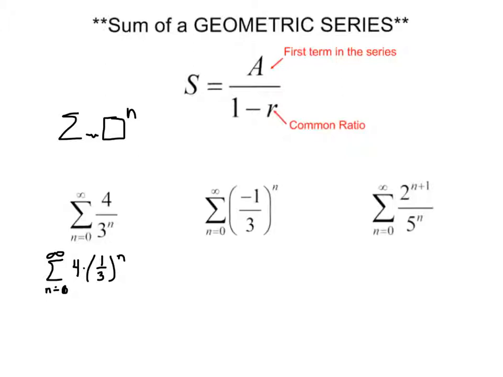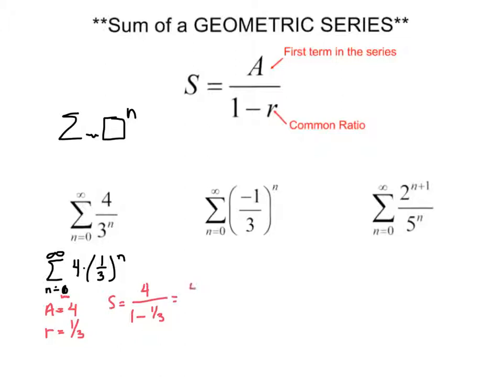And then I say, okay, well, what is the first term? You'll notice it tells me to start at 0, so let's start at 0. If I plug 0 in, 4 times 1/3 to the 0 is 4. So that's my first term. Common ratio is just whatever I'm multiplying by, so 1/3. So the sum is the first term over 1 minus 1/3.